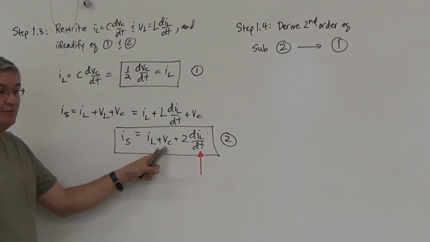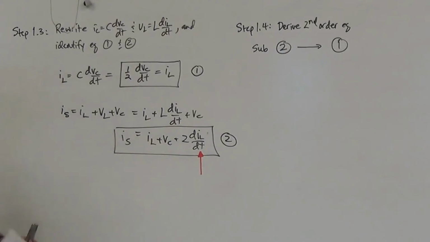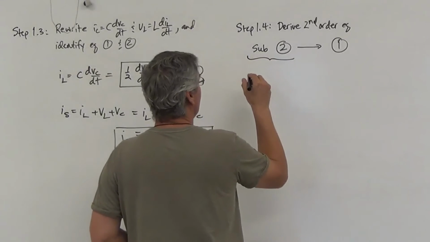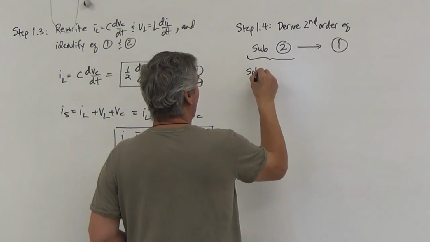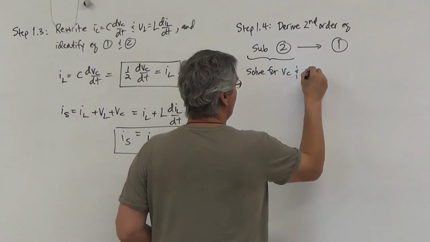So we solve for VC, and then we plug it into here, so that we eliminate VC from the equations.